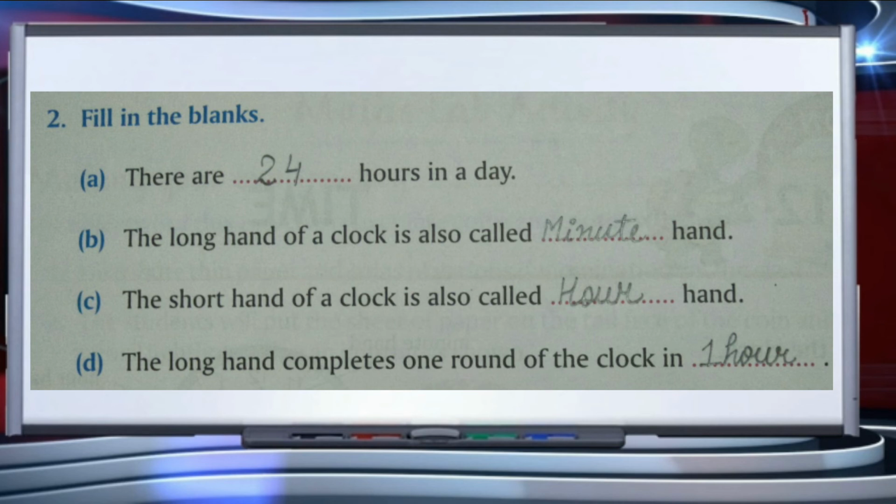C part we are having the short hand of a clock is also called dash hand. That means short hand is called as hour hand. Very good. D part is the long hand completes one round of the clock in dash hour. In 1 hour. Very good.